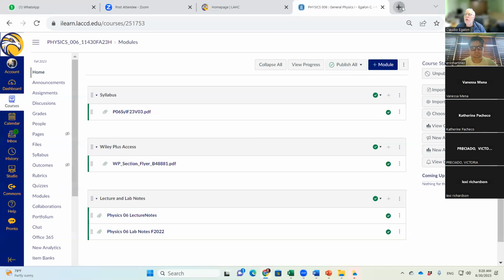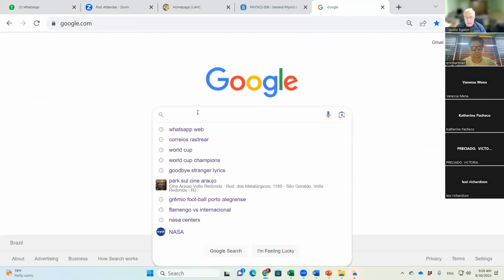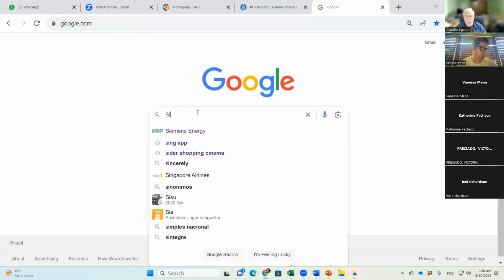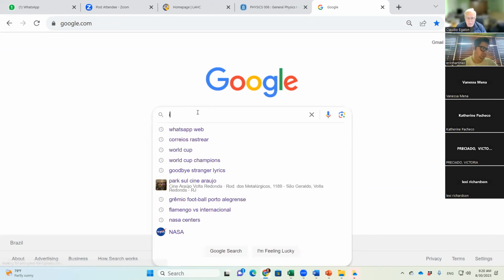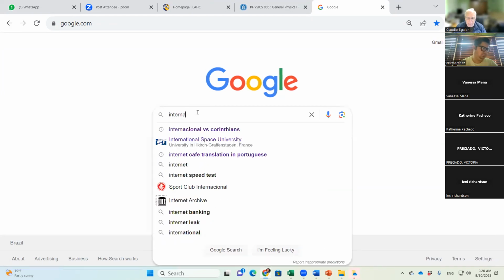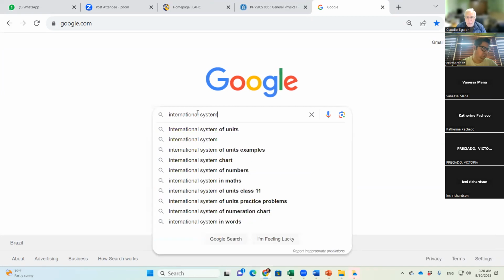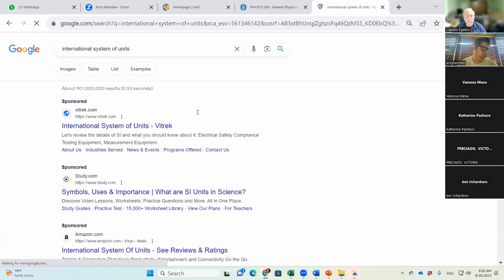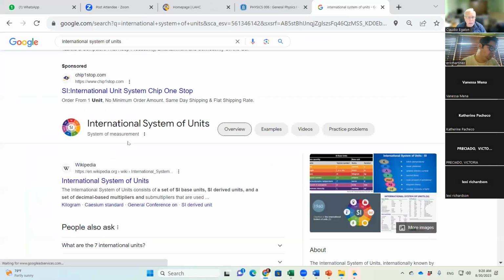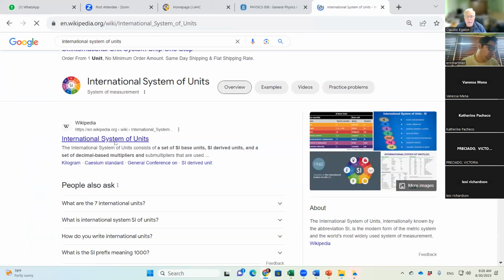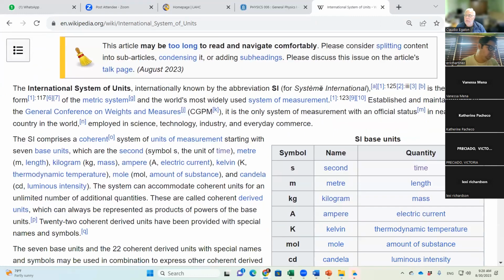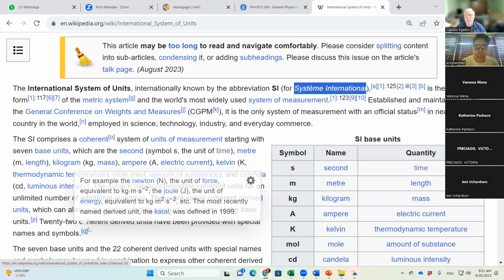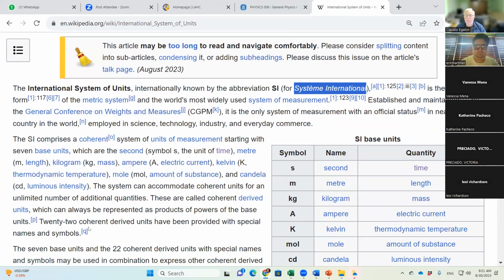If you go to the SI, let's write that down here: International System of Units. SI. Système International, that's the French for international system.